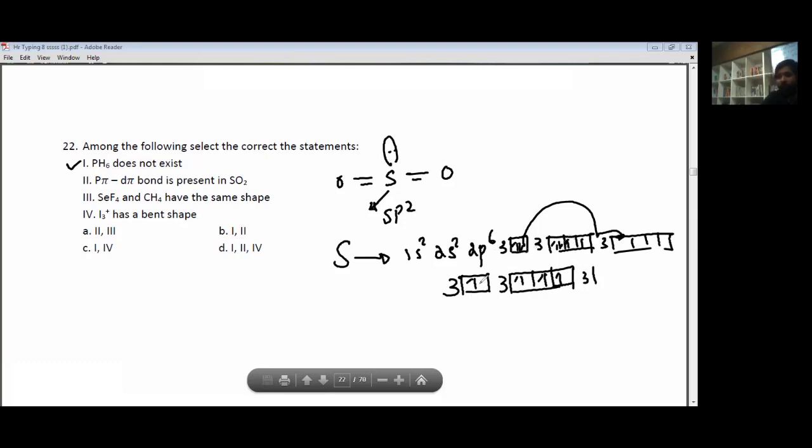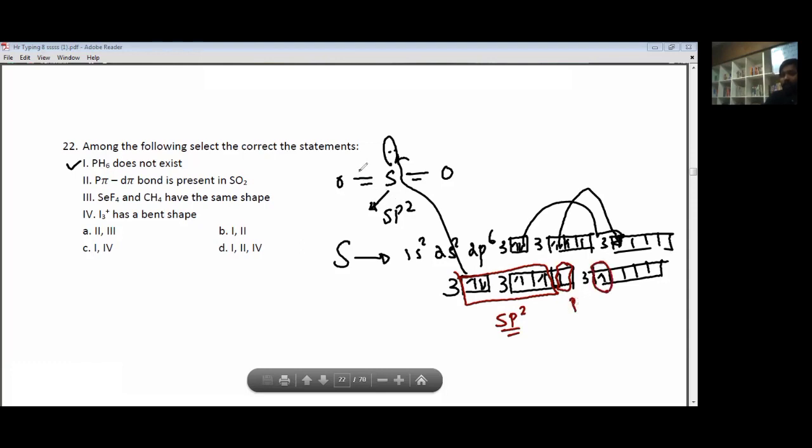Now, fine. This is actually paired, because this holds the lone pair. Here actually 3p4, so this electron is excited to the 3d orbital. So this will be the configuration. This is used for hybridization, which gives the sp2 orbitals, and these two are unhybridized orbitals, a p orbital and a d orbital.